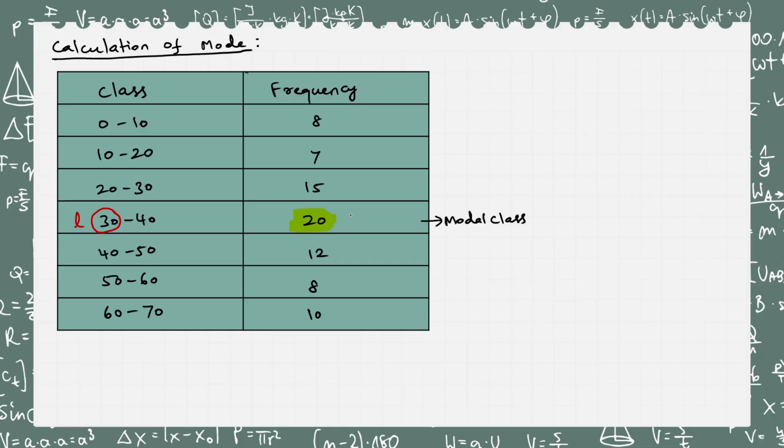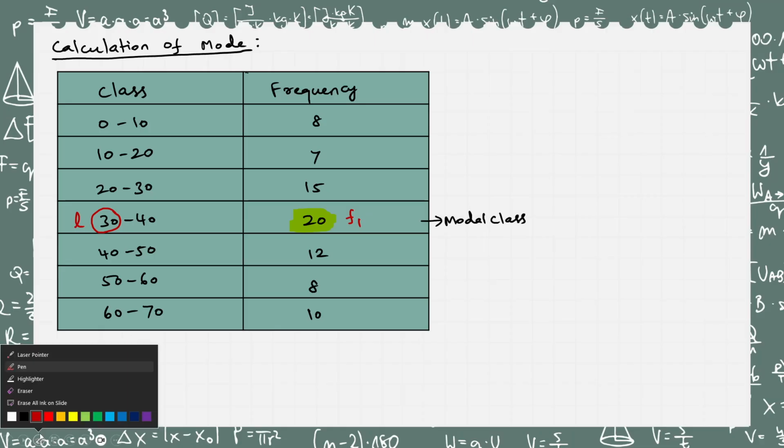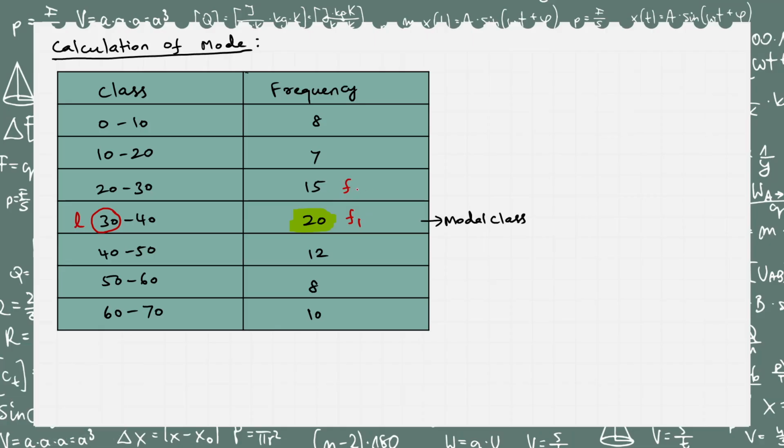The frequency of the modal class we will call f1. The frequency before the modal class we will call f0, and the frequency after the modal class we will call f2. Obviously, the class interval size will be the same, 10 only. So let us mark down the values we have noted: l equal to 30, h is 10, f1 is 20, f0 equal to 15, and f2 equal to 12.